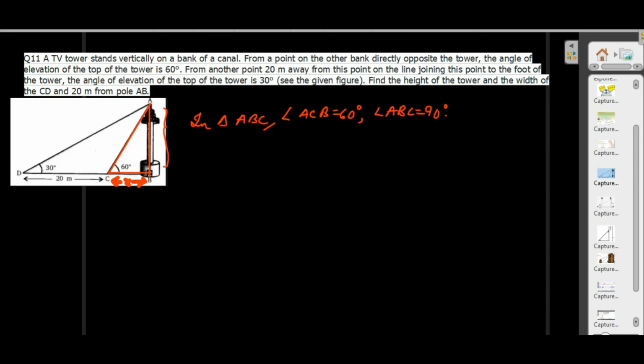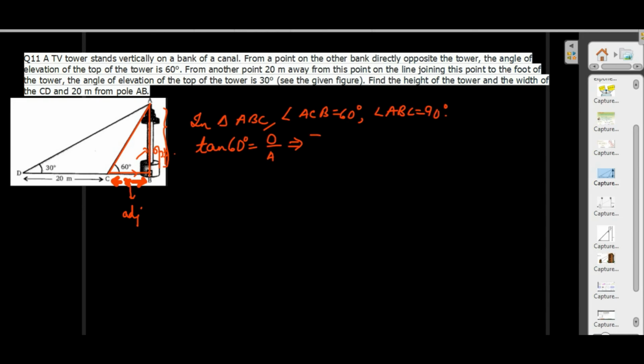So let us establish a relation between the base and the perpendicular. That means the side adjacent is x, and this is the opposite side. So tan of 60 degree is equal to opposite upon adjacent.